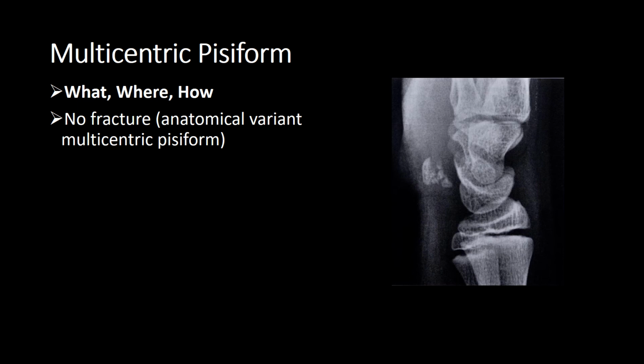Remember, it's quite difficult to fracture your pisiform, so if you see an immature skeleton with multi-fragmented ossification centres in the volar aspect of the wrist, remember it's just a normal ossifying pisiform.